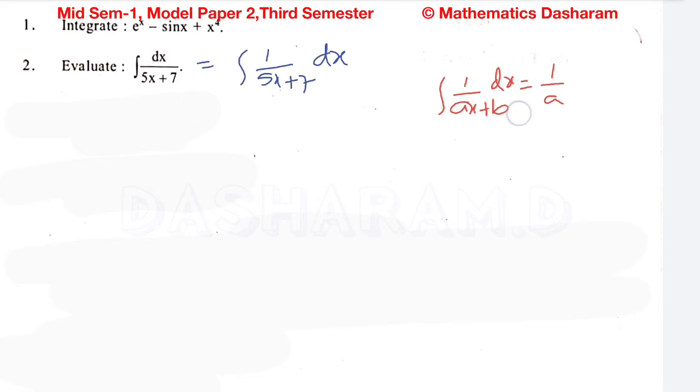How to get the a? Here derivative of ax plus b will come at this place into log of mod ax plus b with base e. So this is suitable formula.